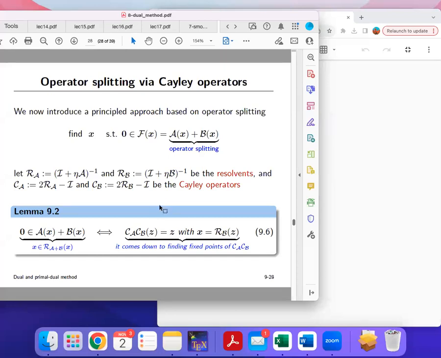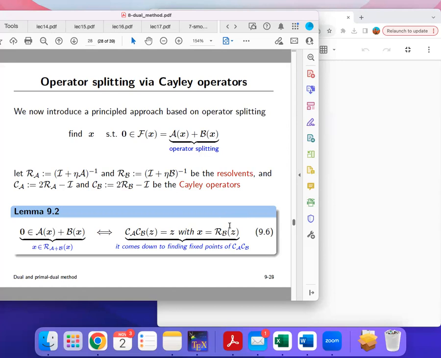And the x on the left-hand side is defined as the resolvent operator of B applied to z. So first you find a fixed point z, and then how do you get x? Well, x is the resolvent operator R_B applied to z. So it's a bit complicated, but the good thing is that on the right-hand side, all the operators are about either R_A or R_B.